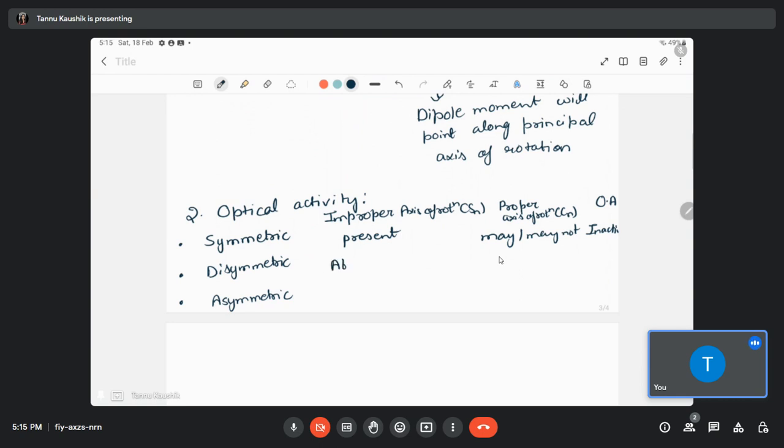But when improper axis of rotation is absent and we have only proper axis of rotation present in the molecule, then the molecule will be active. And if both of them are absent, then our molecule will be called asymmetric and it will be again optically active. So these are the applications we will be looking into for a molecule.